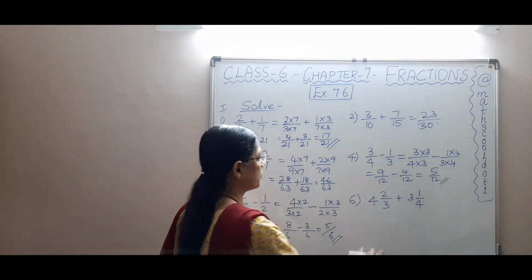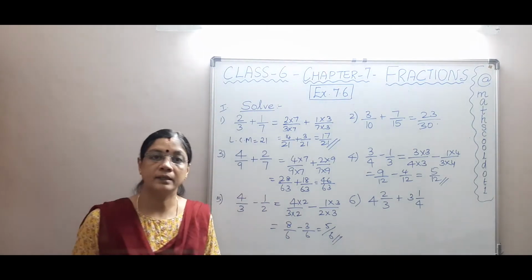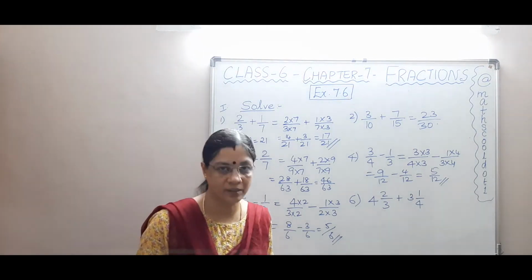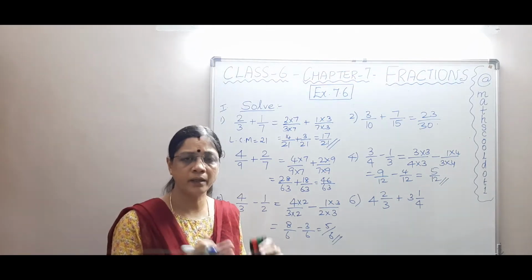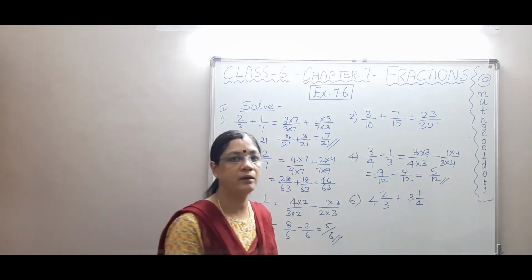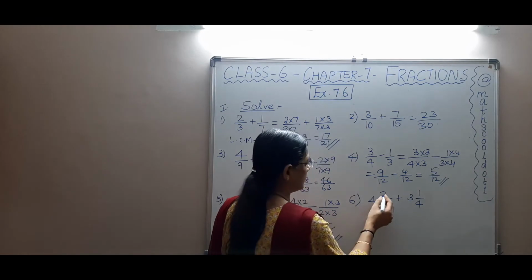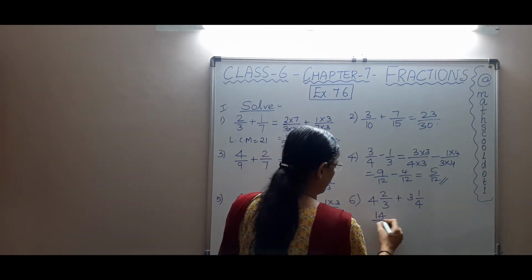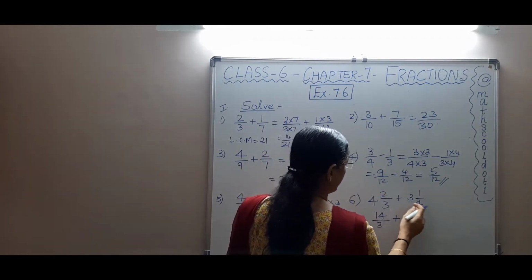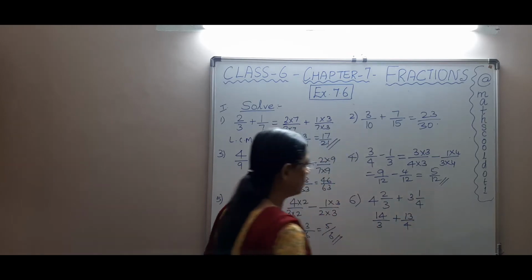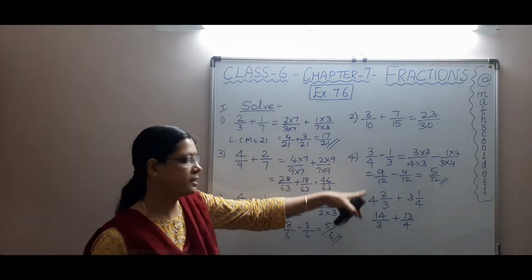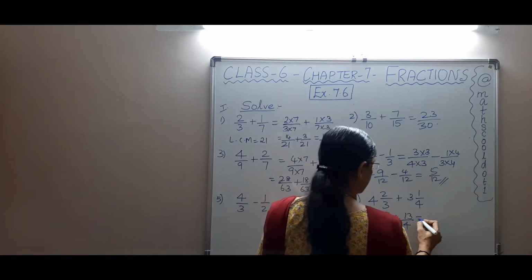Now the last problem, when you see the last problem, it is in the form of mixed fractions, isn't it? So mixed fractions, you just make it into improper fractions first, and then we will see. Okay, 4 3s are 12, 12 plus 2 is 14 by 3. 3 4s are 12, 12 plus 1 is 13, 13 divided by 4. So for 3 and 4, as in this case, 12 is the LCM.